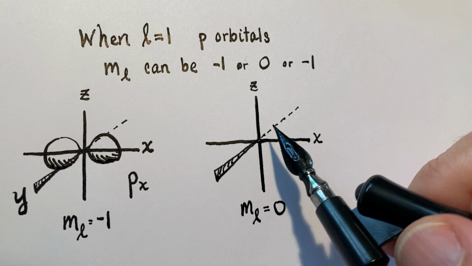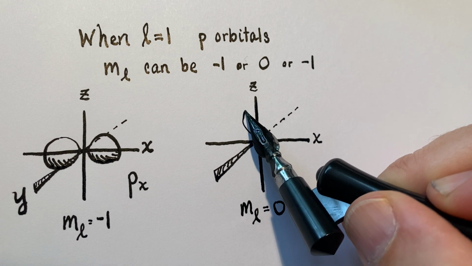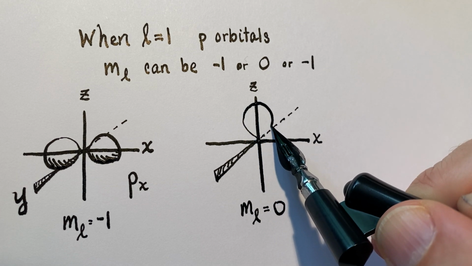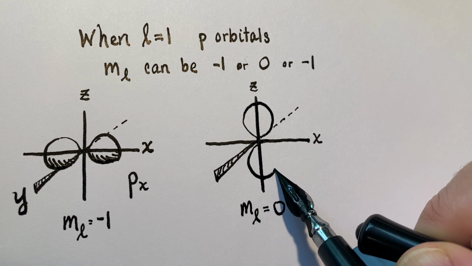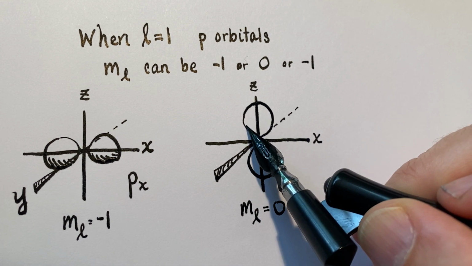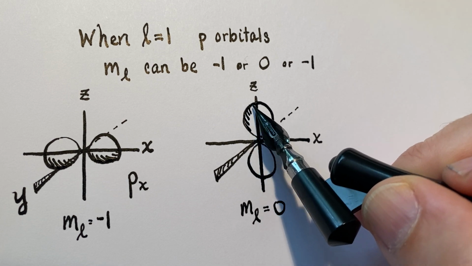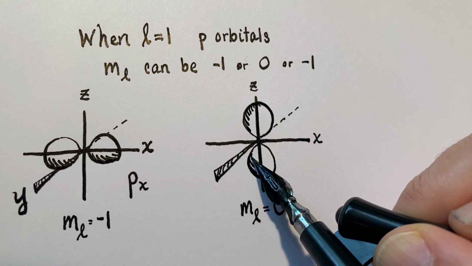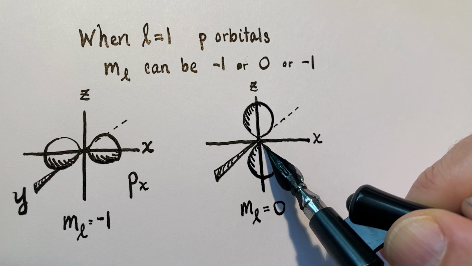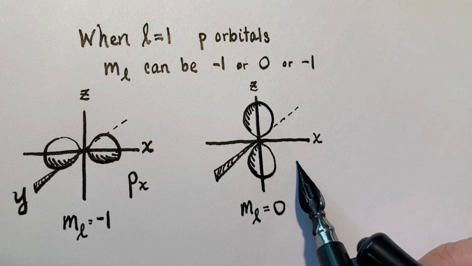This does correspond to the pz orbital along the z axis. Here are lobes. Here's the probability of finding an electron. pz.